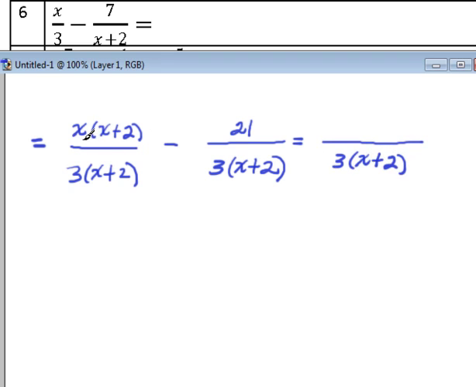All right. Multiplying through here, this is x squared plus 2x. So we have x squared plus 2x minus 21 over 3 times x plus 2.